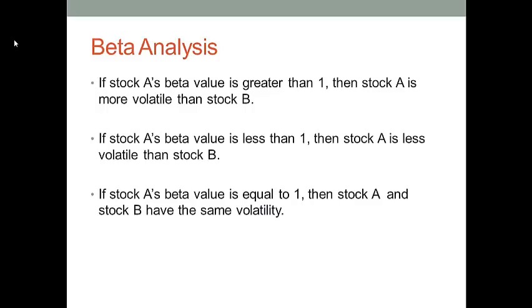Here are some rules about the beta value. Later in this lecture, I will show everyone how to calculate the beta value. But we have to remember some rules about it first.